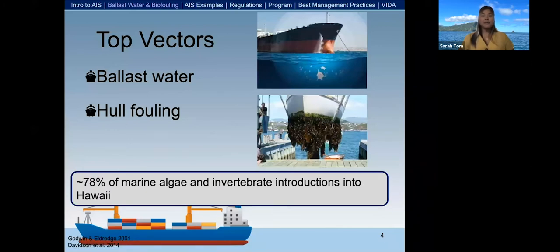Ballast water and biofouling is responsible for about 78% of marine algae and invertebrate species introductions in Hawaii. Other vectors could be aquarium release, aquaculture, or intentional releases.